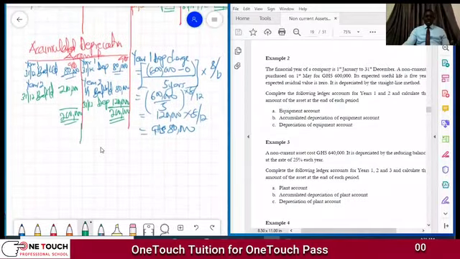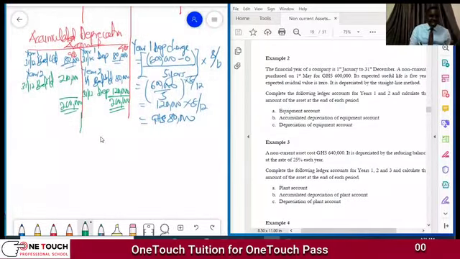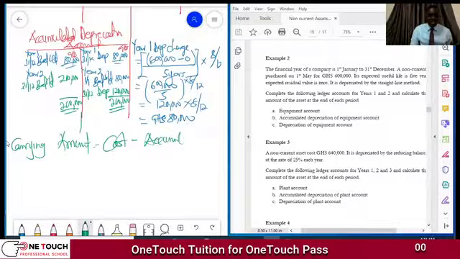Now, we know that the carrying amount of an asset is equal to the cost of the asset minus accumulated depreciation and minus accumulated impairment loss. Here, there's no impairment loss, so the carrying amount becomes the cost minus accumulated depreciation.